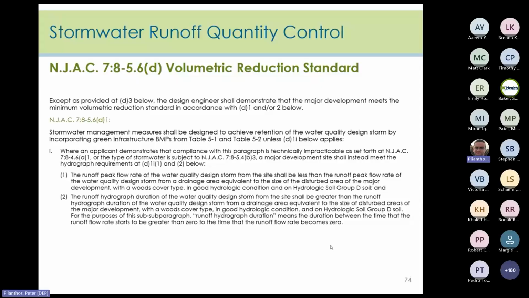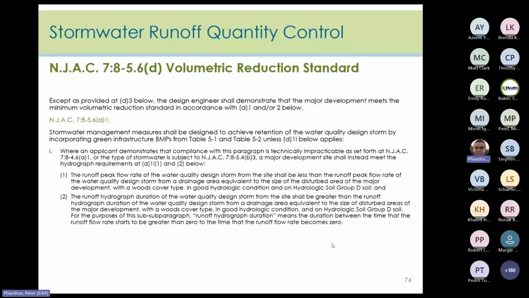These alternative requirements are: 1. The runoff peak flow rate of the water quality design storm from the site shall be less than the runoff peak flow rate of the water quality design storm from a drainage area equivalent to the size of the disturbed area of the major development with a woods cover type in good hydrologic condition and on HSG D soil.